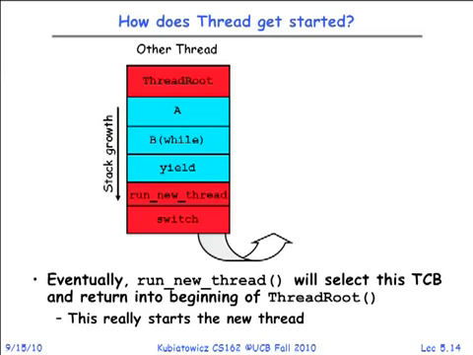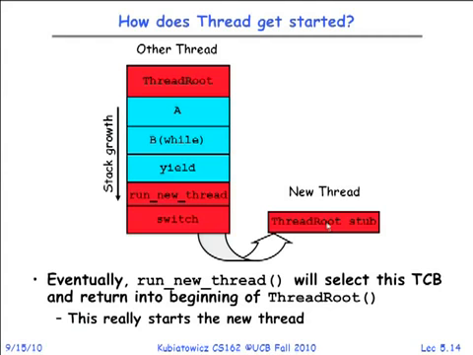Well, we switched to a new stack, because the stack pointer was in there. We've switched to having A0 and A1 be the pointer to the function and the pointer to the arguments. And the return address for thread root stub is actually set to a routine called thread root.